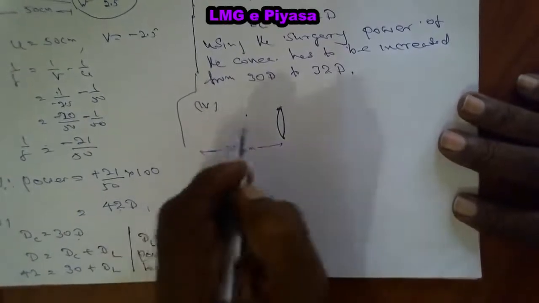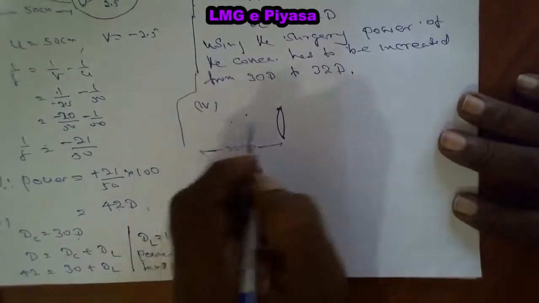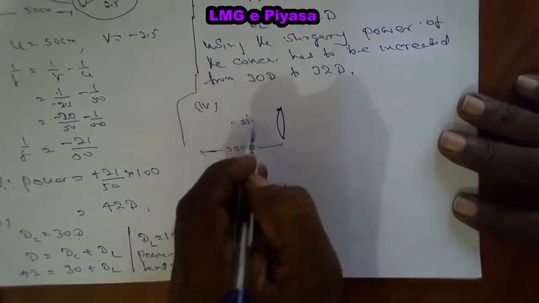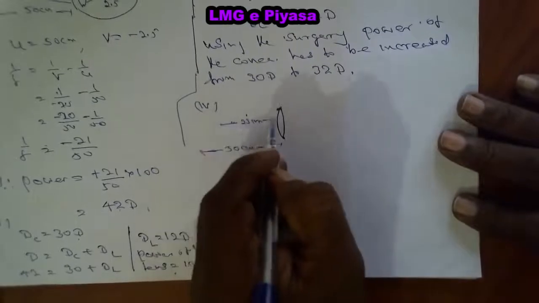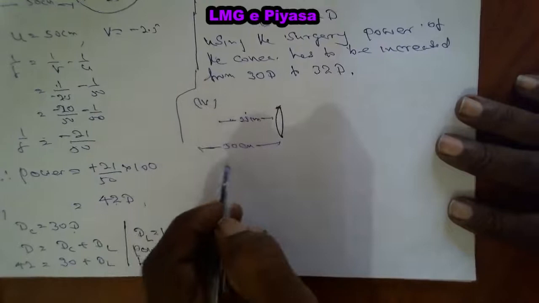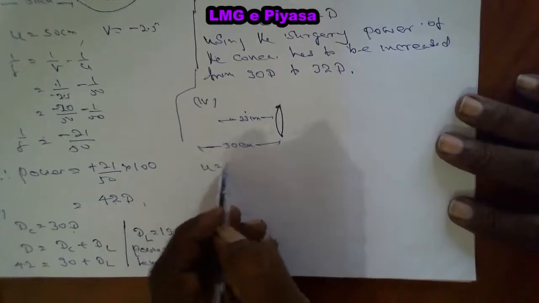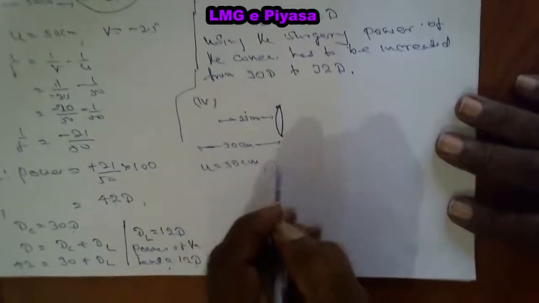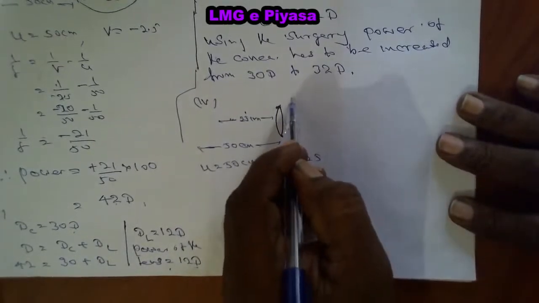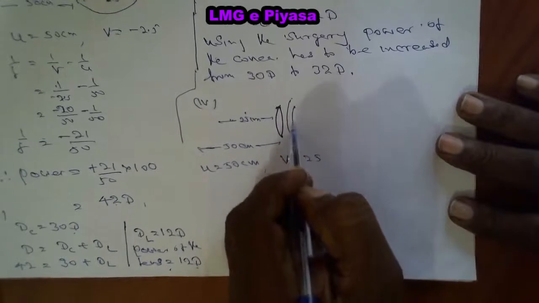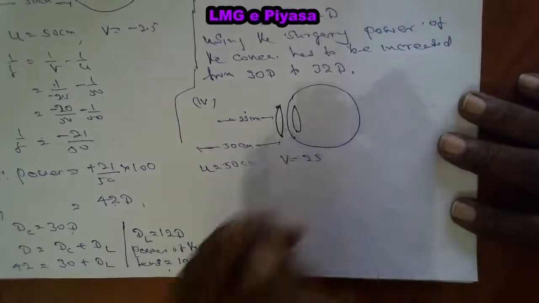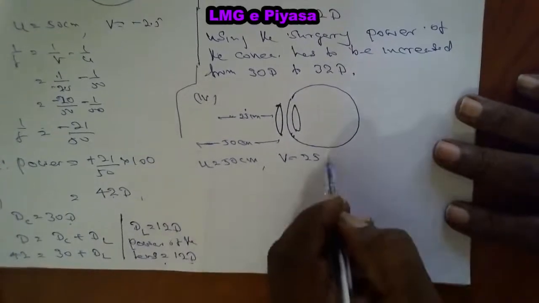No, that is the least distance of distinct vision, maybe 25 centimeter altogether only. Then U equals 50 centimeter, V equals 25 centimeter. This is what is done by the external lens, right?